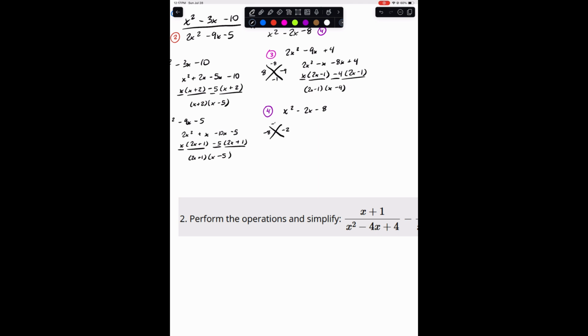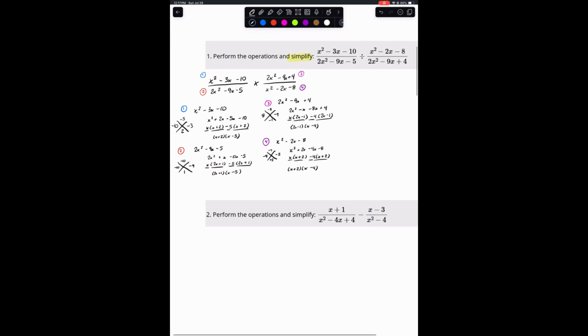These numbers are negative 4, positive 2. So we can rewrite this as x squared plus 2x minus 4x minus 8. We can take out an x from the left side, and we're left with x plus 2. We can take out a negative 4 from the right side, and we're left with x plus 2. We take out the common factor, and we add up the rest.